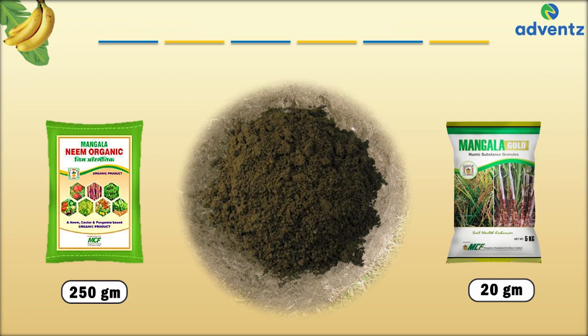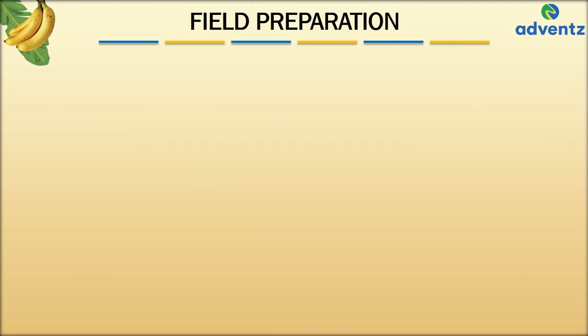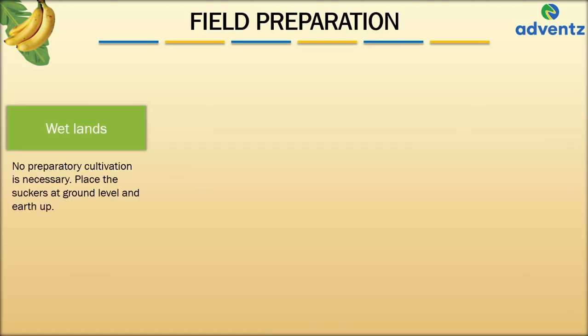Now we will understand the different methods which are used for different types of lands used for banana cultivation. When we are growing the banana on wetlands, then no preparatory cultivation is necessary. One can place the suckers at ground level and earth up.